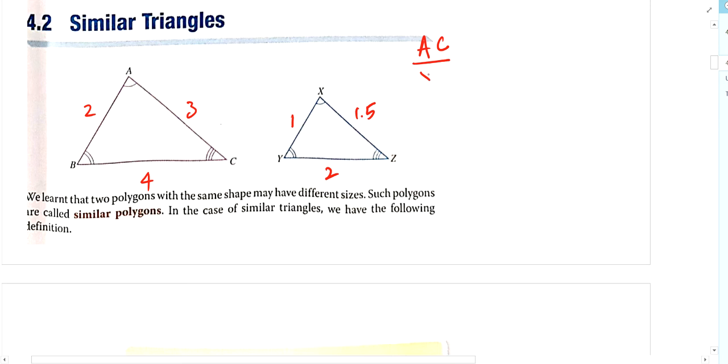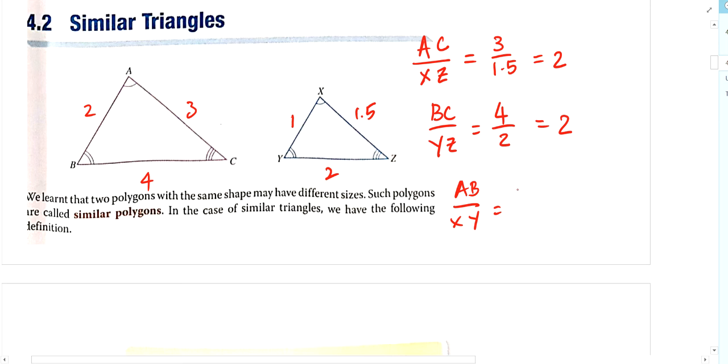AC over XZ. I'm writing the ratio of the corresponding sides. This gives me 3 over 1.5, which is 2. Then I'll write BC over YZ equals 4 over 2, which is 2. Then the last one, AB over XY equals 2 over 1, which is 2.